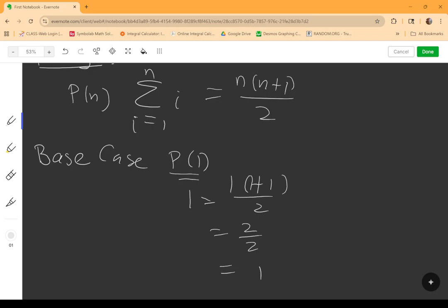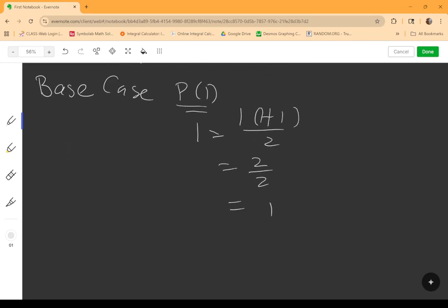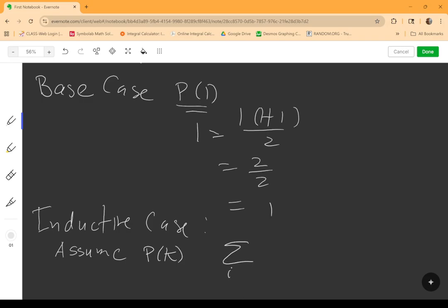Now let's move on to the inductive case. Here's where the meat of our work is going to come into play. Here we assume P of k is true. What that entails is that the sum of the first k integers will be k times (k plus 1) over 2.